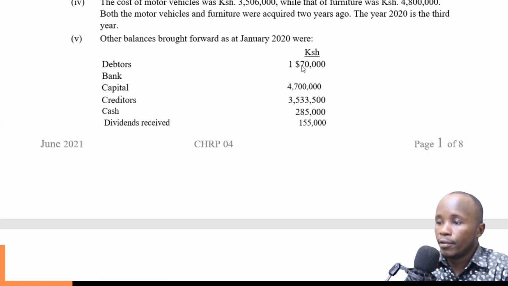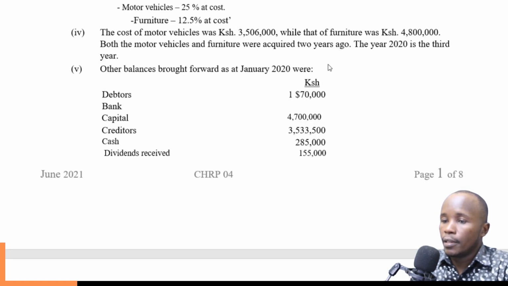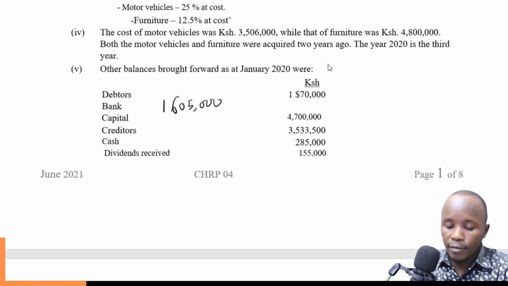The figure here for bank is 1,605,000. That is the figure for bank.